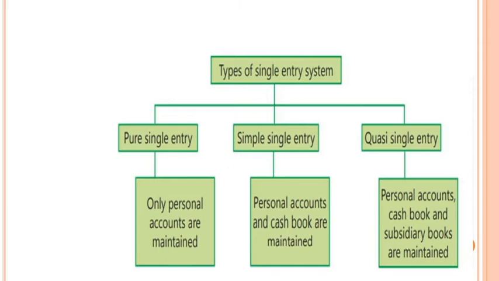Another is simple single entry, where personal accounts along with the cash book are maintained. Another is quasi single entry, where personal accounts, cash book, and subsidiary books such as credit sales, debtors and creditors accounts are maintained.